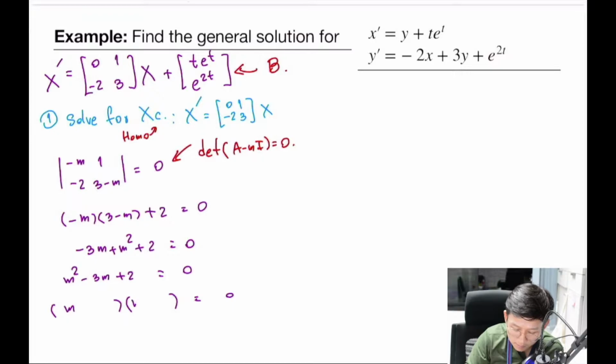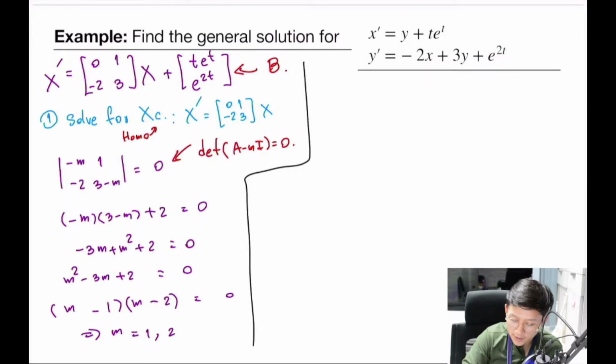We get m minus 2, m minus 1. That means that m is 1 and 2. And you can see that this is the case when we have these distinct roots.